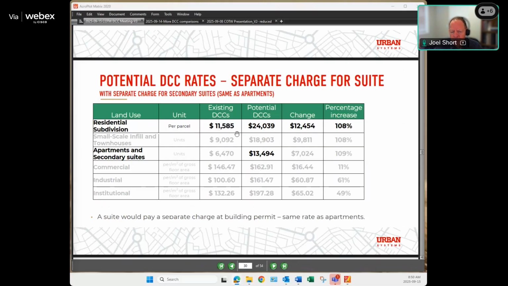We have residential subdivision going from 11,500 to about 24,000, an increase of about 12,500, so a little over 100%. And the secondary suite would have to pay this 13,500 amount when it comes forward at building permit. So that's the impact if you don't include it in the charge at subdivision.